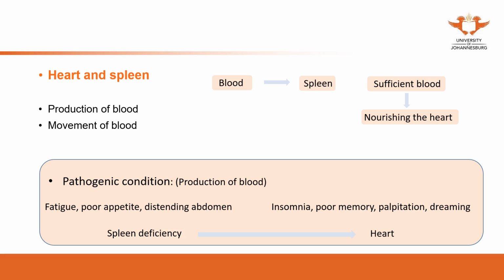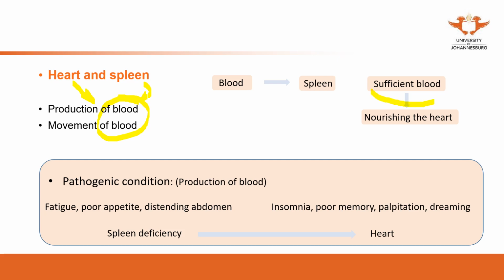So these two aspects, the blood and spleen. That's the blood is the agent between these two. The heart governs the blood. Where does the blood come from? That's from the middle jiao, which is spleen and stomach. So that's the relationship.